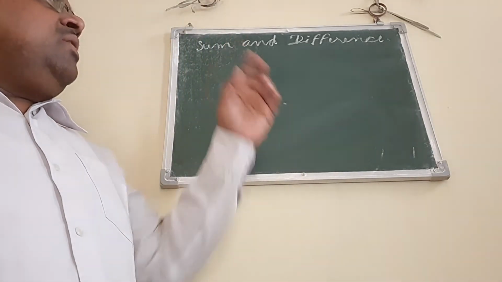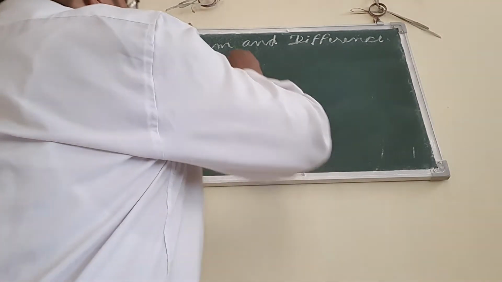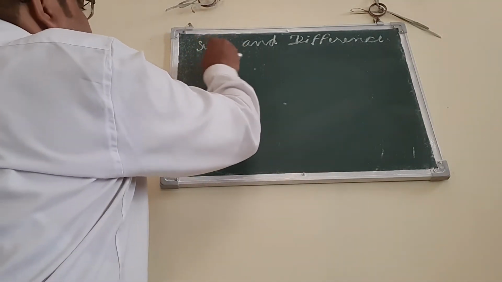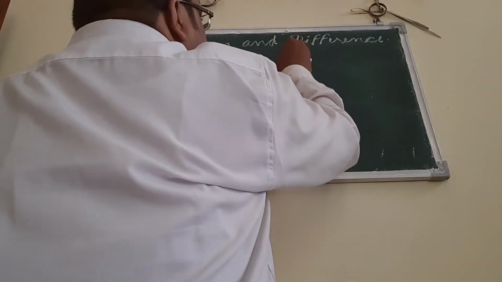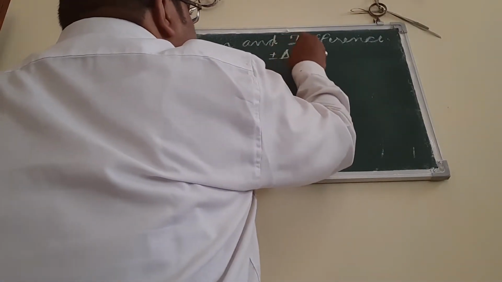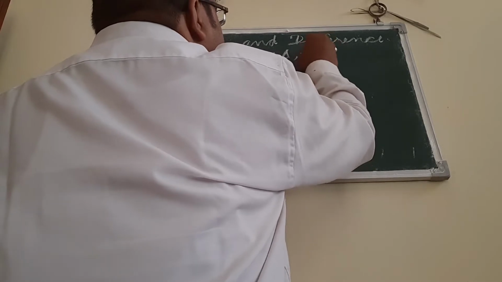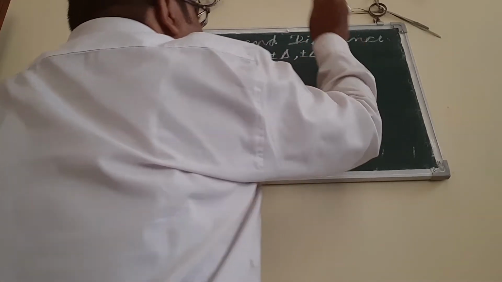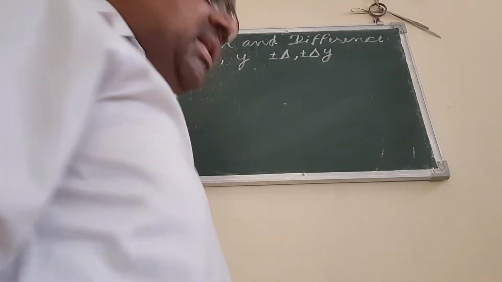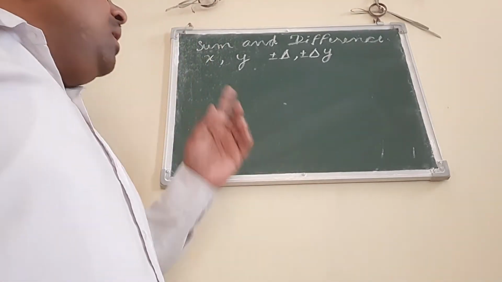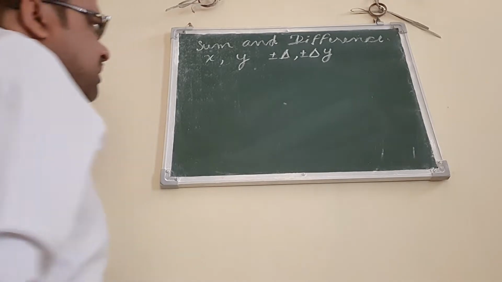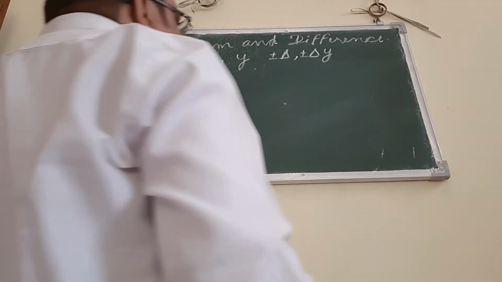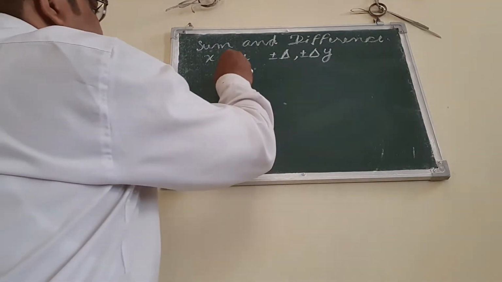So if there are two quantities x and y, and their limiting errors are plus minus delta x and plus minus delta y respectively, then we have to find the net error if both the quantities are added.